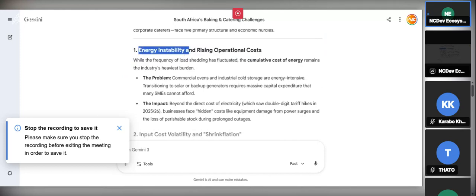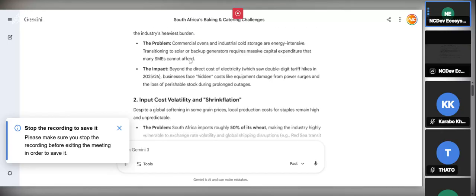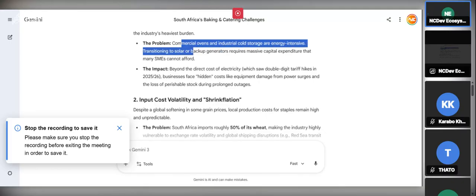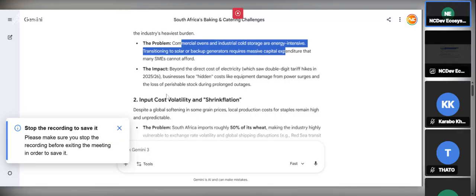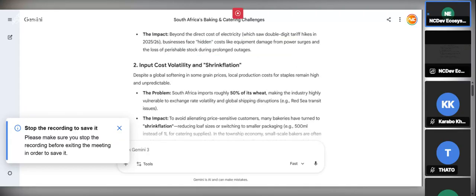So, number one is energy instability and rising operational costs. Commercial ovens and industrial cold storages are energy intensive. Transitioning to solar or backup generators requires massive capital. So that's one of the problems.